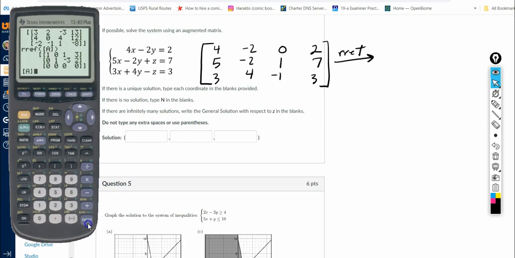Now let me just check it. Okay, that looks good. So I'm going to get back into the matrix menu, go over to the math, go up until you get RREF, get back into the matrix menu, press enter, and then close out the parenthesis. So we're going to get this.